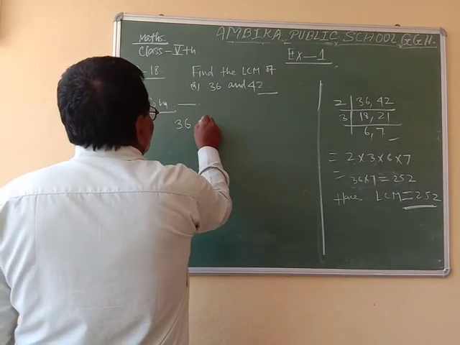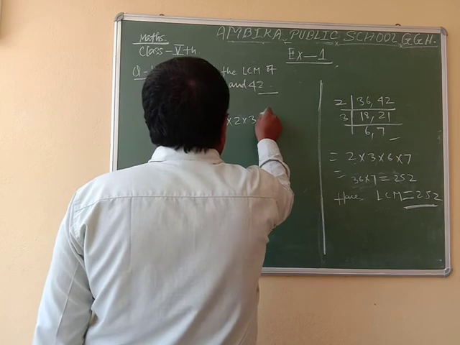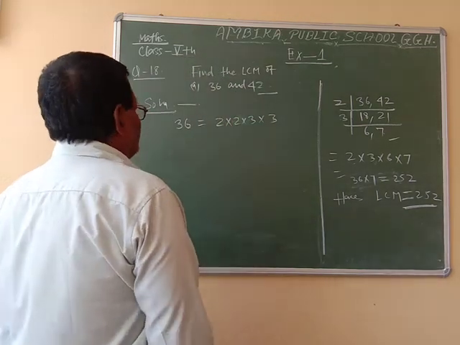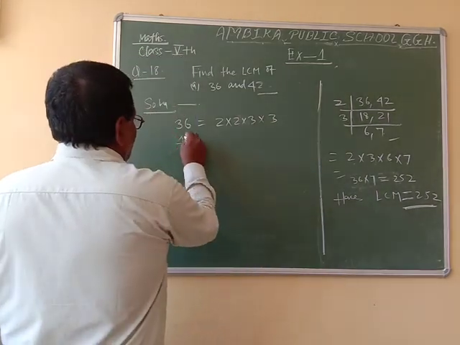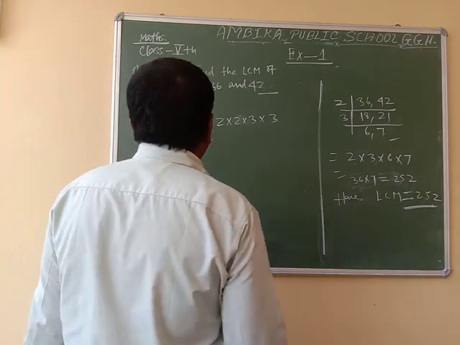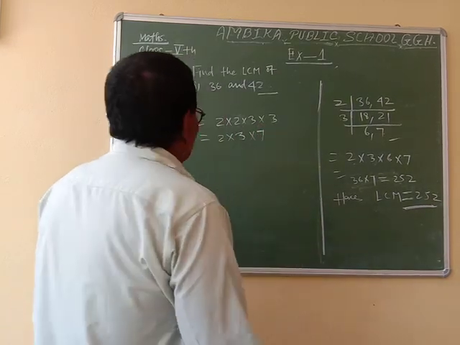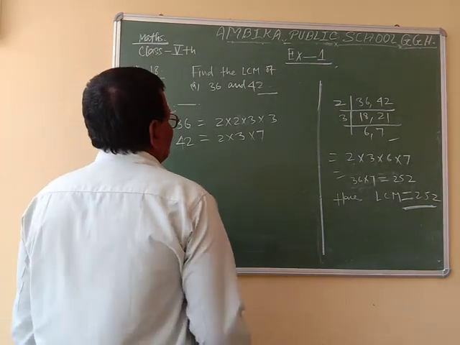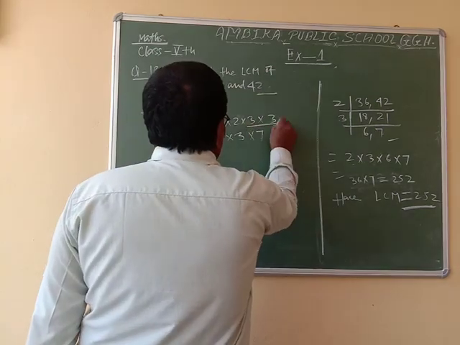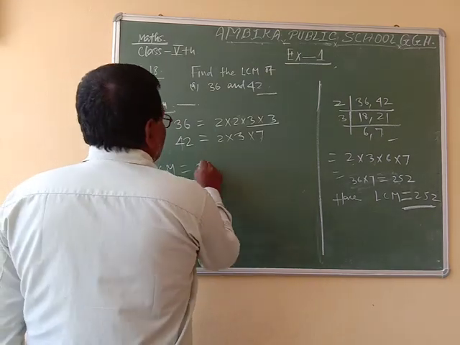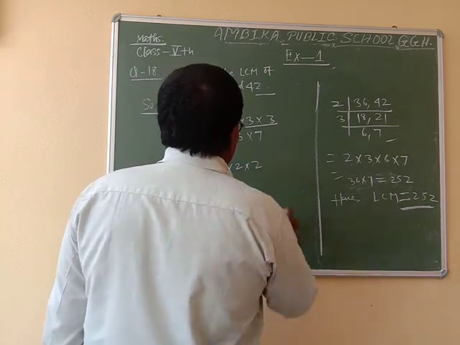By the factorization method, 36 equals 2 into 2 into 3 into 3 and 42 equals 2 into 3 into 7. Here we take the greatest powers. LCM equals 3 into 3 into 2 into 2 into 7.